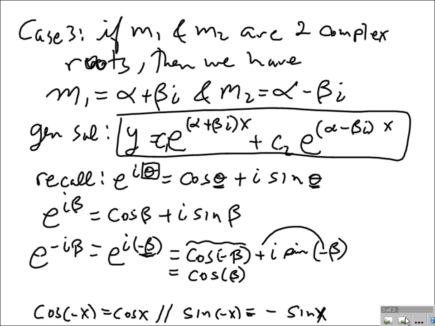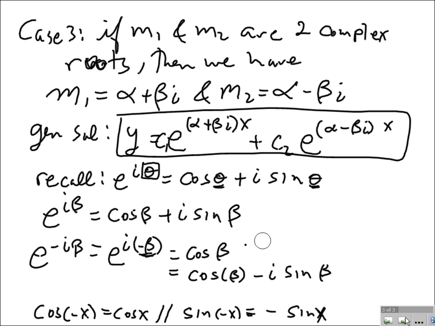This minus is going to come in front. It becomes minus i times the sine of beta. I'm going to write that right above: the cosine of beta plus i sine of, minus i sine of beta.